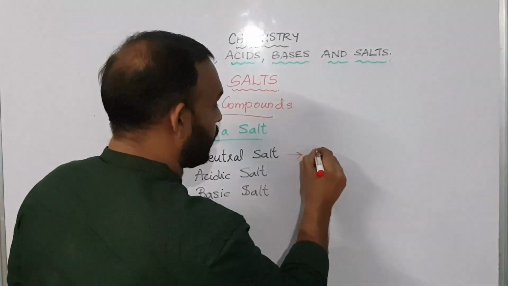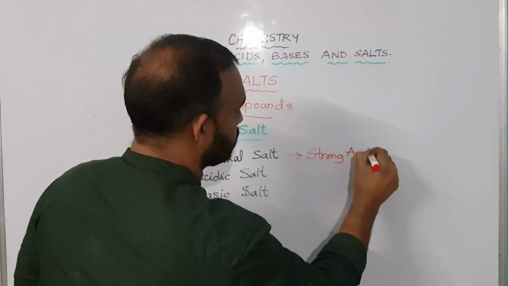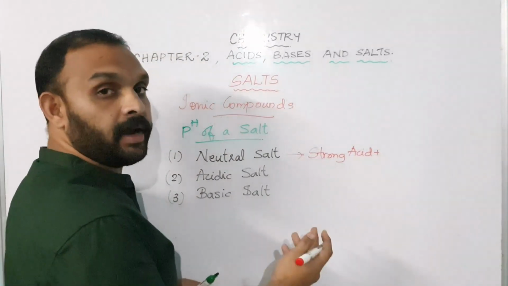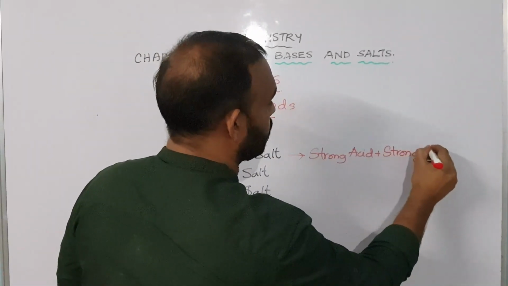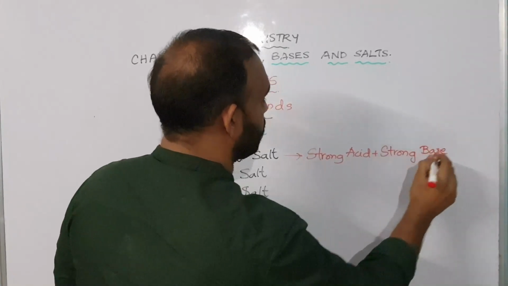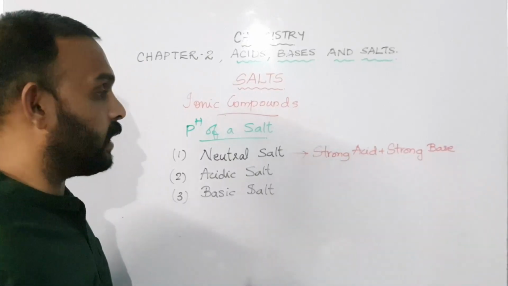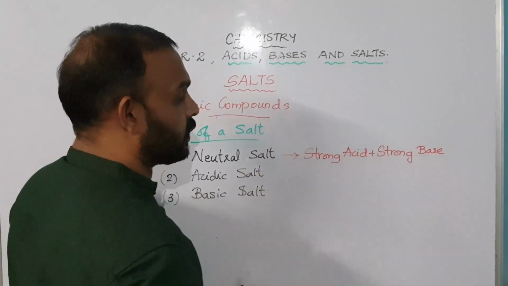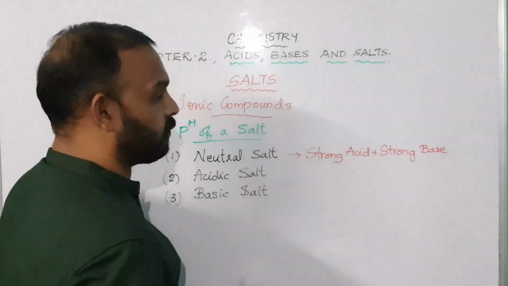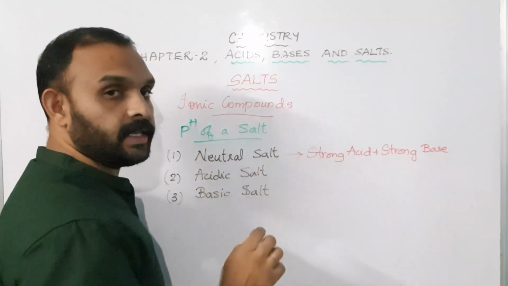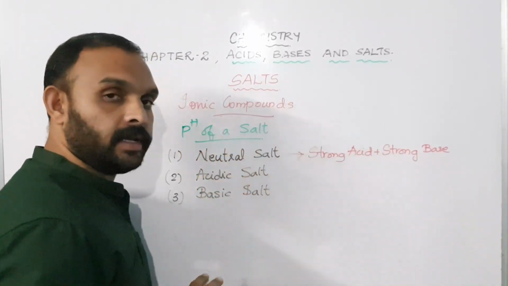We know that hydrochloric acid is a strong acid and sodium hydroxide is a strong base. So a strong acid and a strong base will give us what? A neutral salt. The easy example is HCl plus NaOH gives NaCl plus H2O.